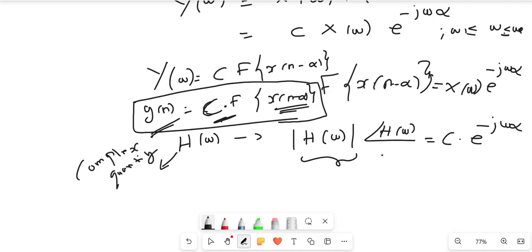So, the magnitude and phase. Let the phase be theta of omega, which is equal to minus alpha omega.